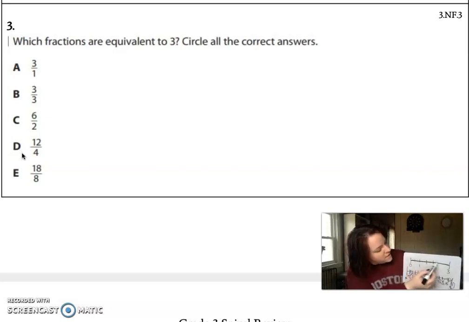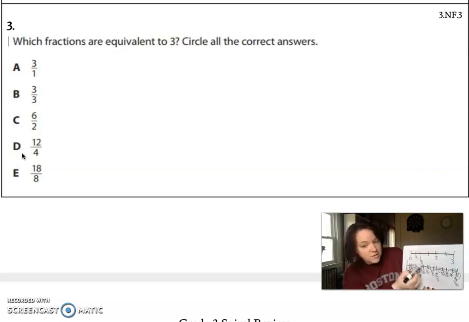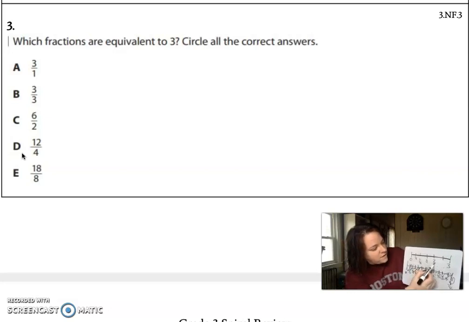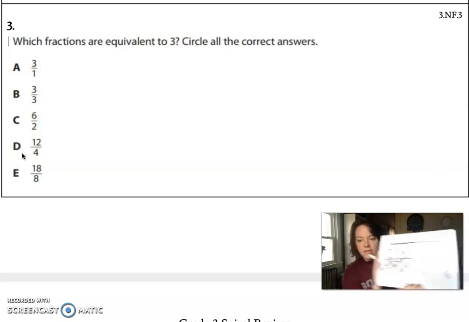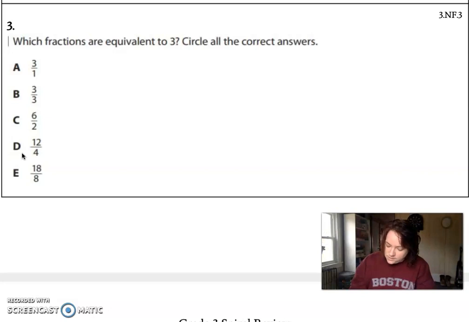So we have to split everything in half. 0/2, 1/2, 2/2, because every time the top and the bottom number are the same, it equals a whole. 3/2, sorry. 4/2, because 4 divided by 2 is 2. 5/2, and 6/2. 6 divided by 2 equals 3. So yes, that one equals 3 as well. So we're going to circle C.